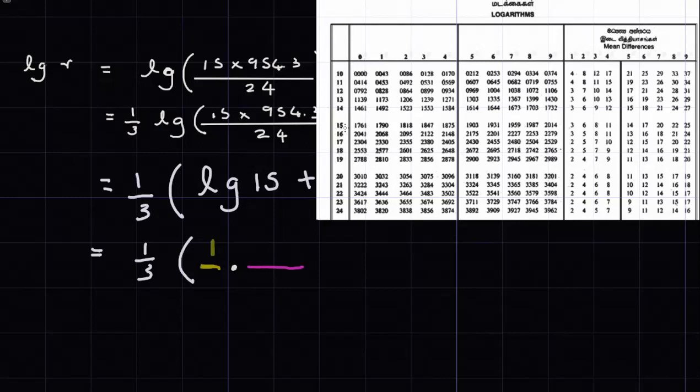So 15th row, 0th column, what is it? 1761. So what would be the mantissa? 1761. All right. So what's log 15? 1.1761.